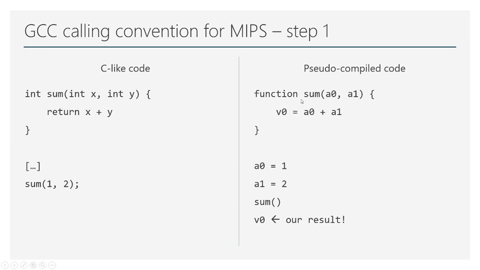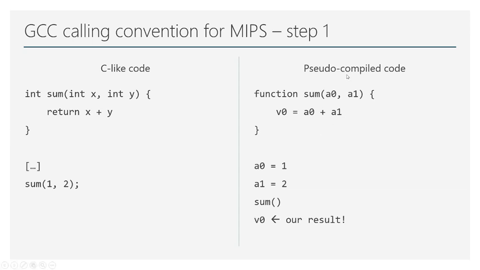And after sum is called, the result of the operation will be stored in v0. Before calling sum, what MIPS does is assign 1 to a0, 2 to a1, call sum, and then at that point we have v0 with our result.